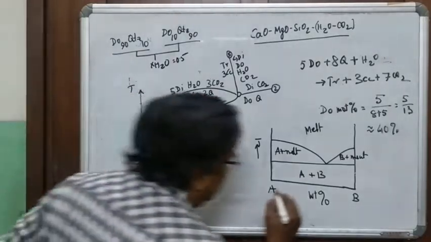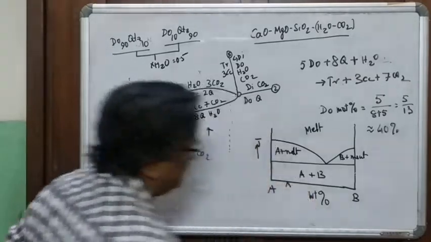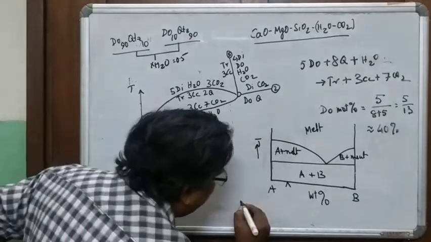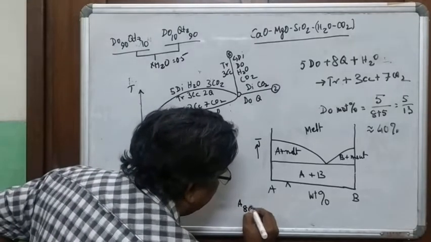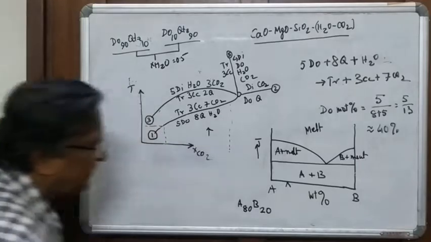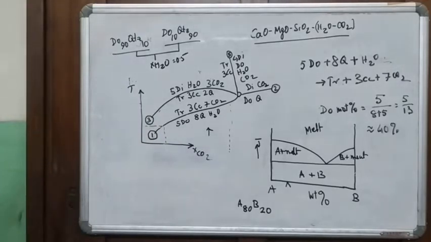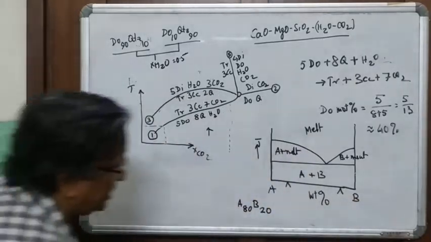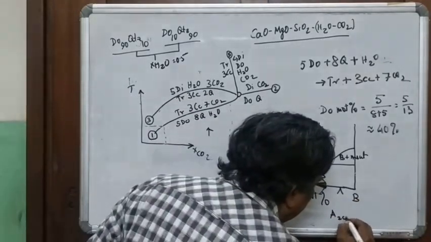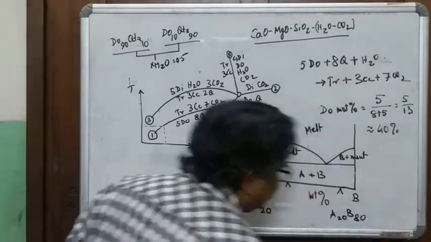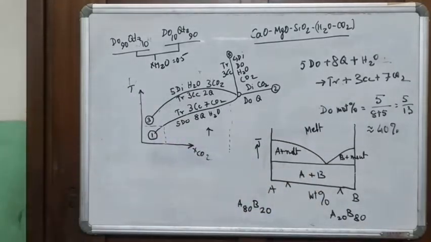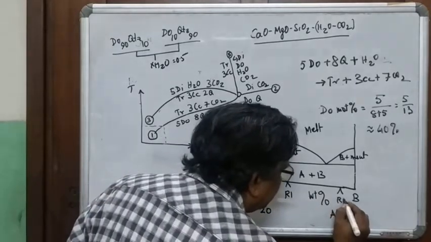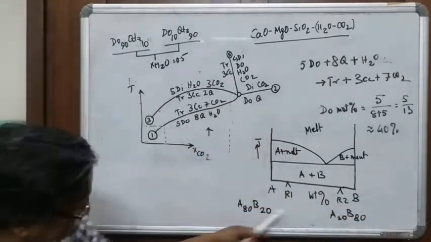Say, for example, let's say the rock has this composition, roughly A80, B20. Or maybe there is another composition here, which is A20, B80. Let's say there are rock 1 and rock 2, and they have these compositions.